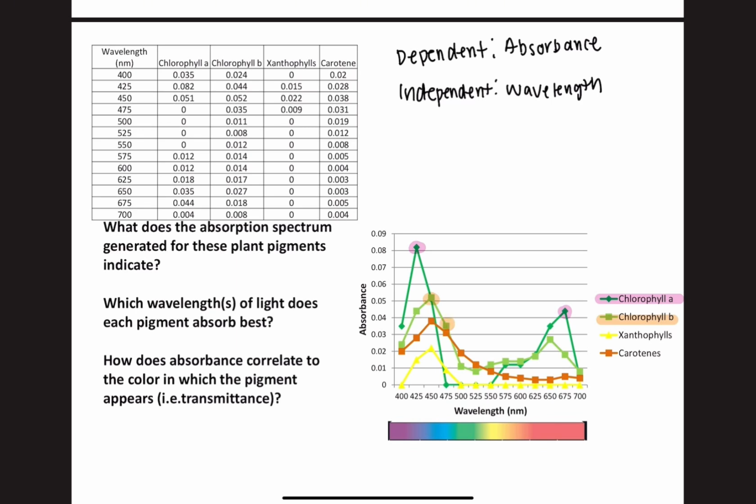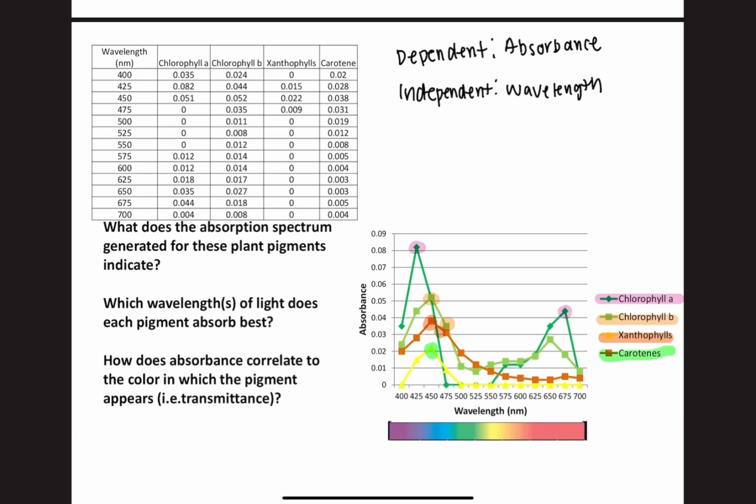We found that our xanthophylls, that we're going to make orange, best absorbed around 425 to 450 nanometers. And then we found out that our carotenes best absorbed around 450 nanometers. So these peaks show us that the plants are using mostly blue and red light for photosynthesis.